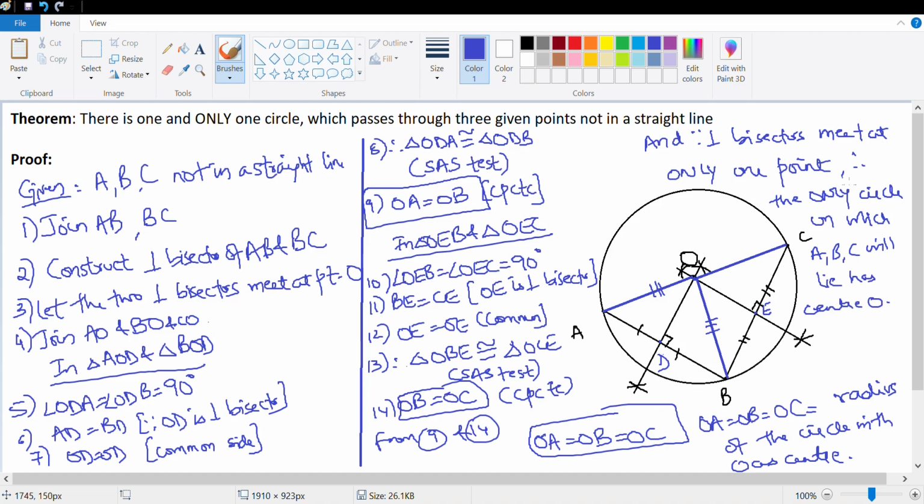So this is one of the theorems that we need for this next exercise, which is: if you have three given points, then there's only one circle which will pass through all three of them. Good. Let's look at the next one.